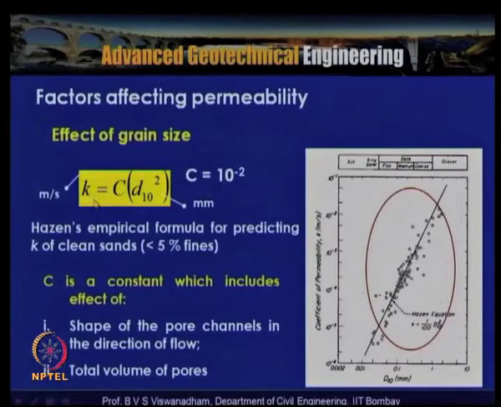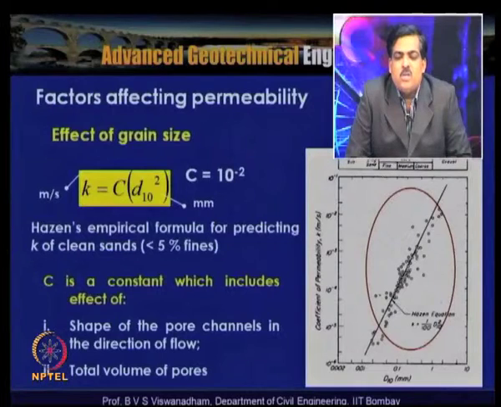K is equal to C D10 squared. A number of sandy soils having less than 5% fines were taken, constant head permeability tests were conducted, and the correlation was plotted, which indicates that K in meters per second can be obtained with constant C having a value of 10 to the power of -2, and D10, the effective particle size, in millimeters.